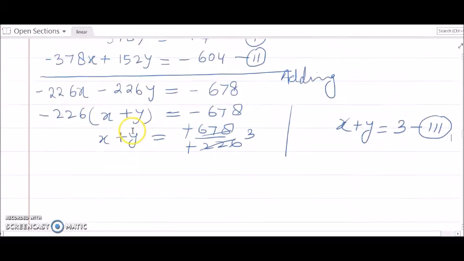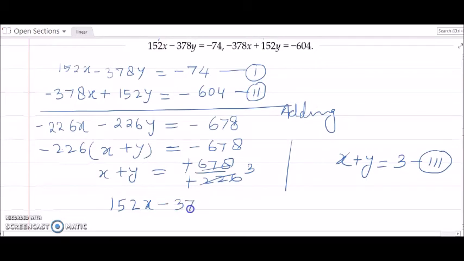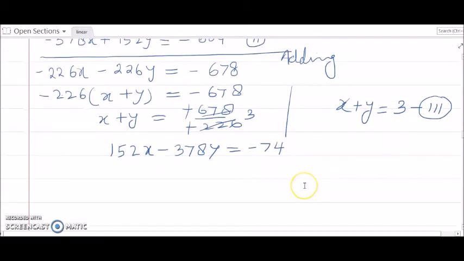Now second time we are going to subtract, not add. Add तो हम पहले कर चुके हैं. This is our equation, 152x minus 378y is equal to minus 74, and the second equation is minus 378x plus 152y is equal to minus 604.